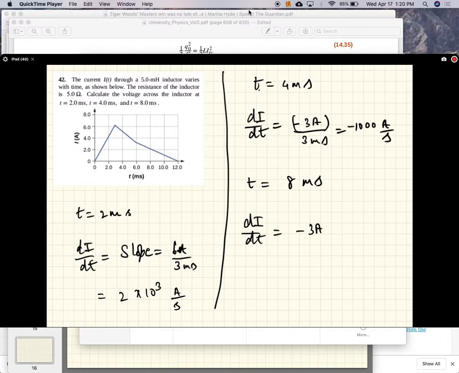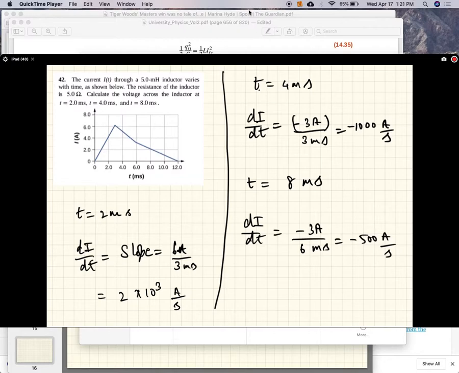Negative 3 amps over 6 milliseconds, so minus 500 amps per second. All right, we have di by dt. Now we're going to use this to calculate various stuff.